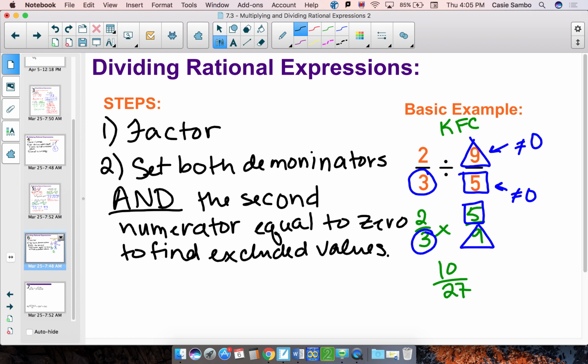So that's where we differ. We're going to be setting that second numerator equal to 0 as well as both denominators in order to find all of our excluded values.